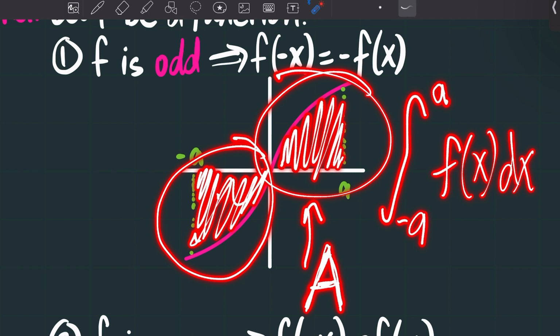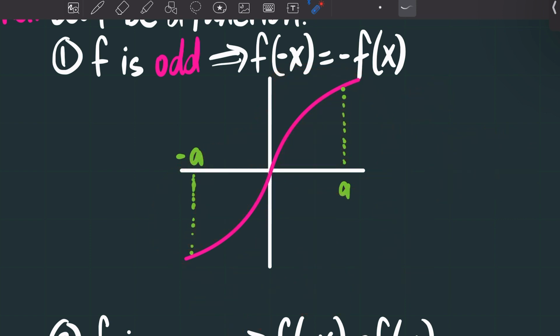So, tong area na to should also be a. However, pinag-uusapan natin dito is definite integral. And since nasa baba siya ng x-axis, sabi natin, we're taking the negative of this one. So, ang net signed area niyan is negative a. Pag pinag-add natin siya, negative a plus a, that's equal to 0.